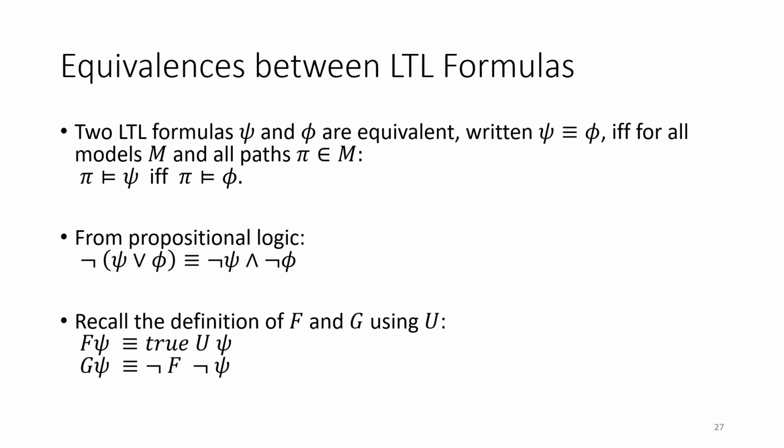And we said, well, we can simply define this by saying we don't care what happens until psi holds. And this until always had the guarantee that after some finite amount of time, there's some index where psi actually will hold. And similarly for the globally, we said we don't want that sometime in the future psi doesn't hold anymore, which means it will hold forever, and that's how we defined the globally. So these are also some equivalences that we can work with.